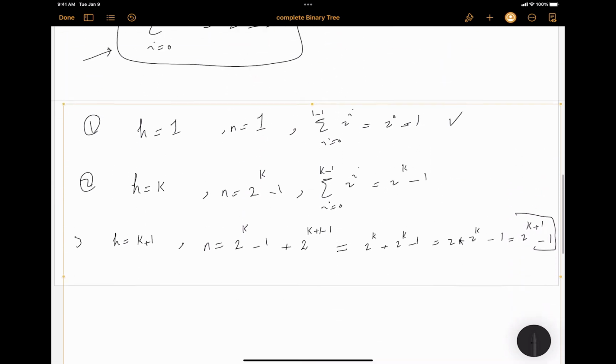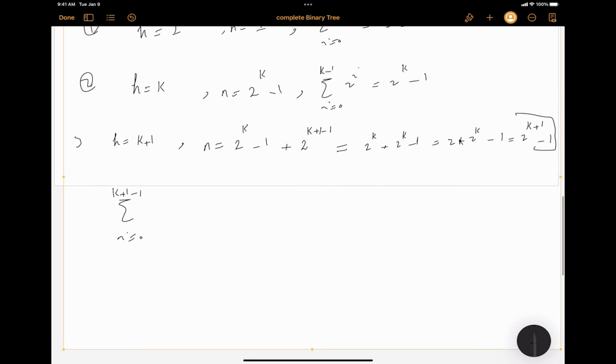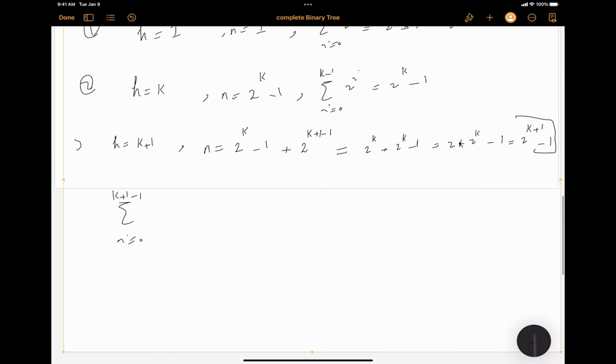So I'm going to write the left side for h equal to k plus 1. It is the sum from i equal to 0 up to k plus 1 minus 1. And again, I just replace h with k plus 1 of 2 to the power i. So I'm going to simplify it.